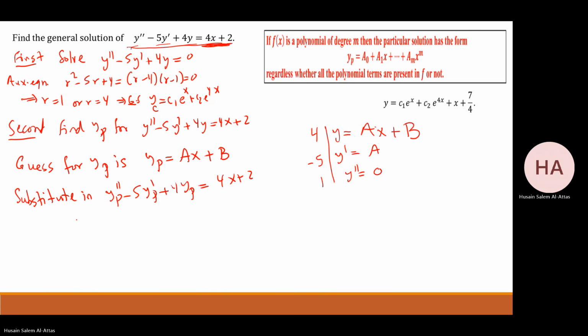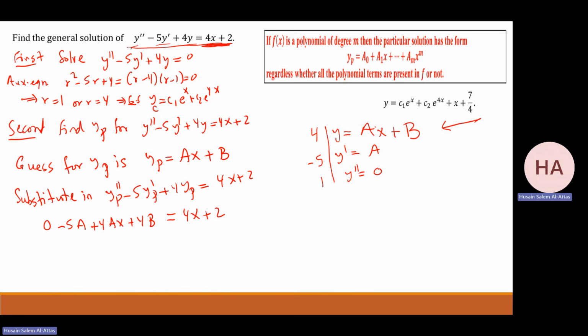That will be 0 minus 5a plus 4ax plus 4b. Notice this side has a constant times x and a constant plus constant, so it will work fine with the right-hand side 4x plus 2, because my guess is a good guess.